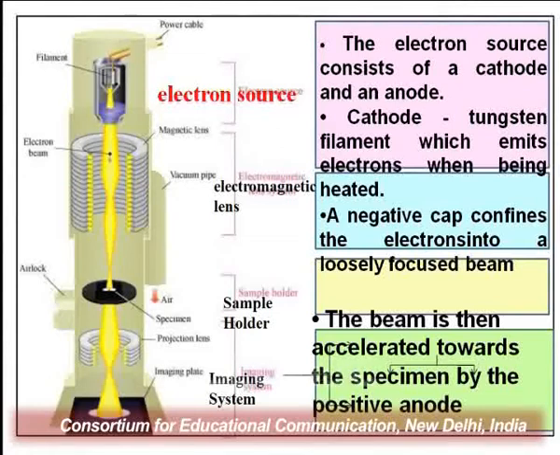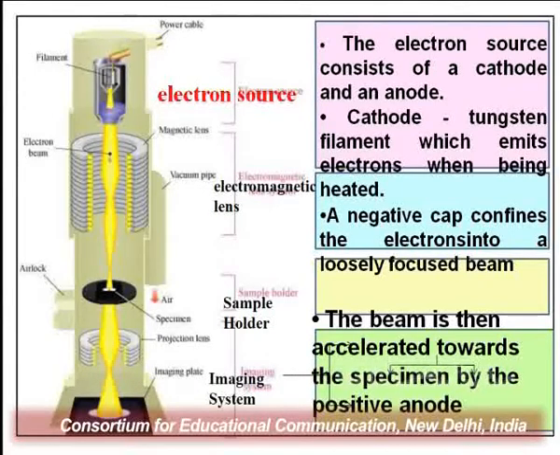Now on the screen we have the inside arrangement of the transmission electron microscope. First is the electron source. This electron source consists of a cathode and anode, and the cathode is made of a tungsten filament which emits electrons when heated, and a negative cap confines the electrons into a loosely focused beam.